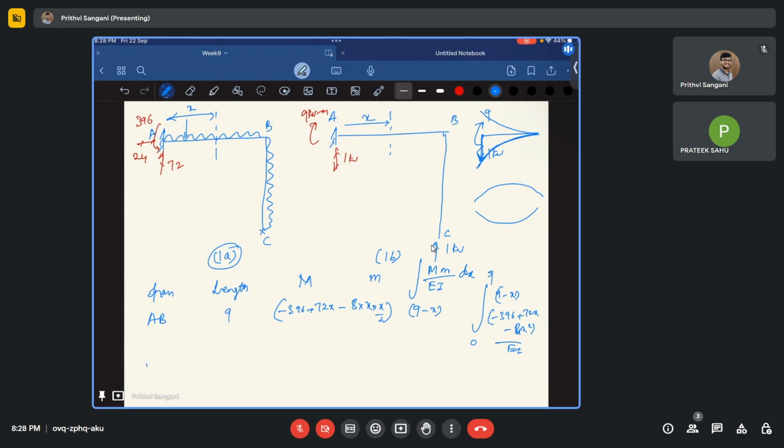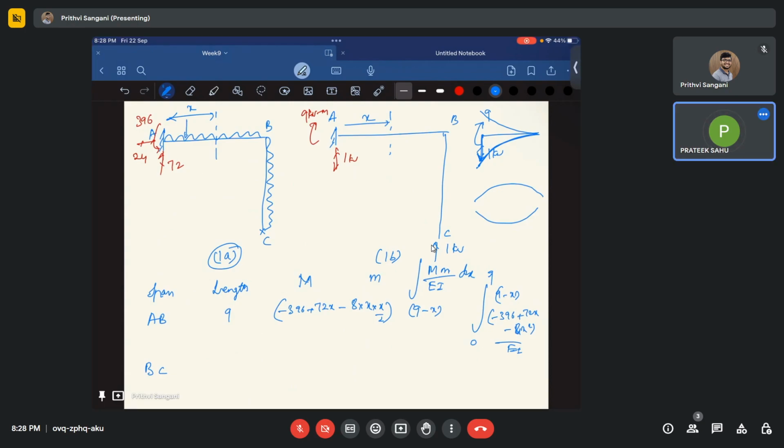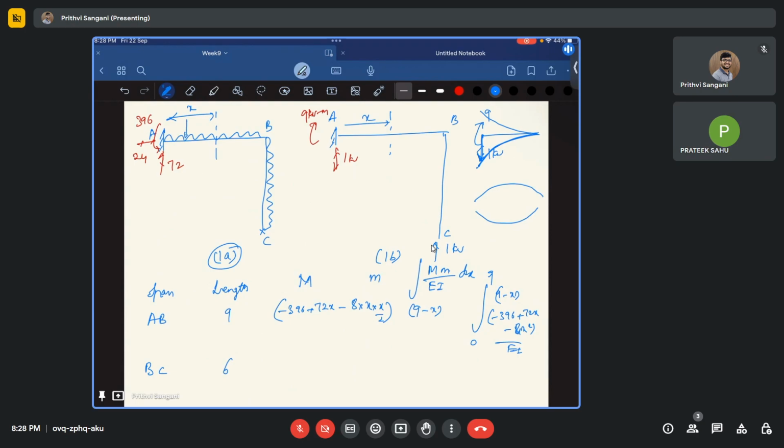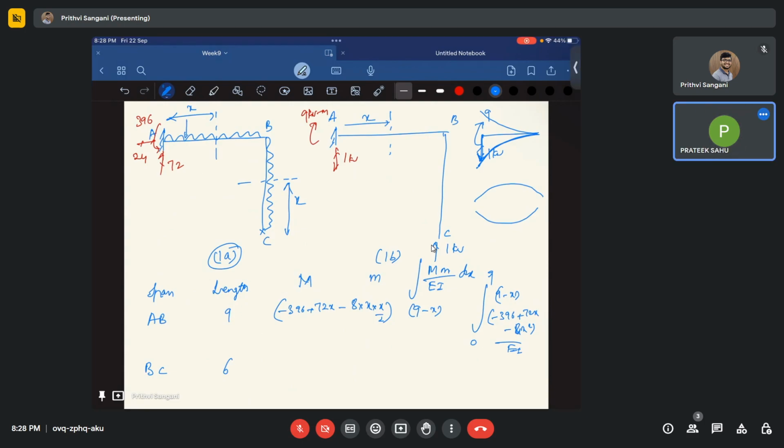Now let us take BC. What is the length of the beam BC? 6 meters. What about capital M? Now you consider this. Now this is X. Tell me what is going to happen for BC. Horizontal action.